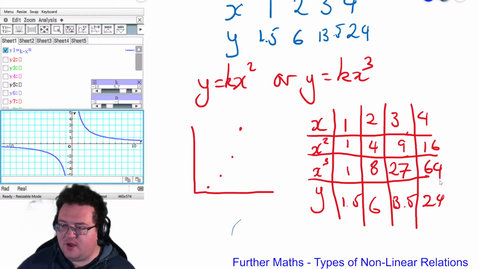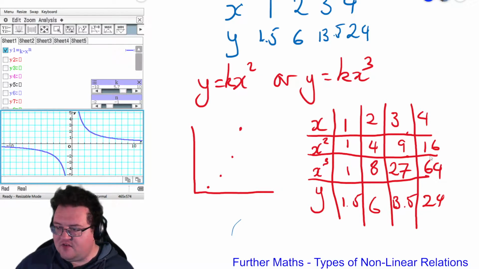Because what we're doing is we're comparing. So this here is the expected x squared values and then the x cubed values. Ideally what we want to do is find which one y is closer to, this one or this one. Are these y values closer to x cubed or x squared?